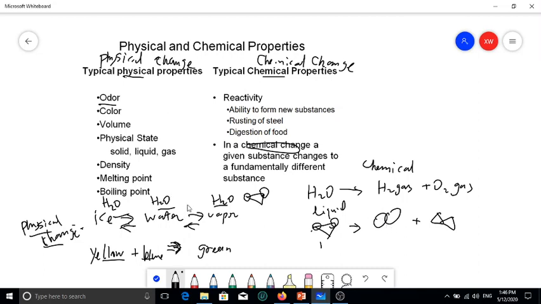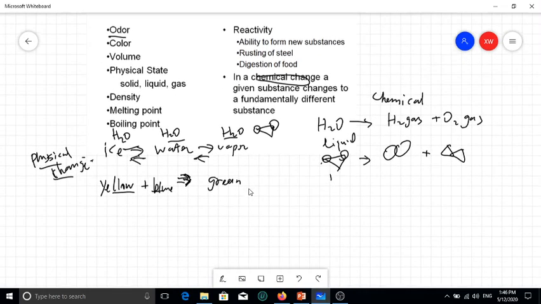Usually the physical change is more obvious. Like we said, it changes the shape, it changes the color, sometimes you change the temperature, so you can easily feel it. Whereas chemical change is not as obvious. So how do we know if it's a chemical change or physical change? Let's put it this way.